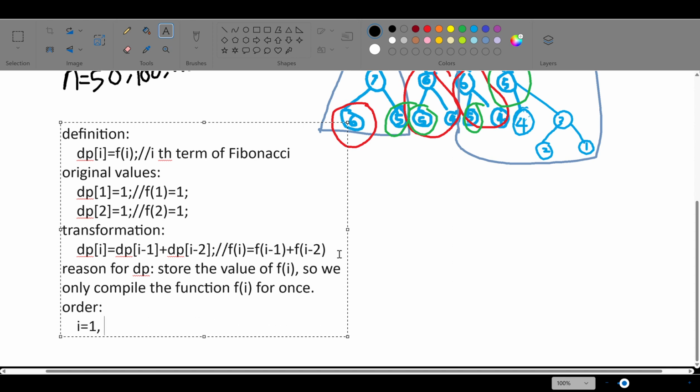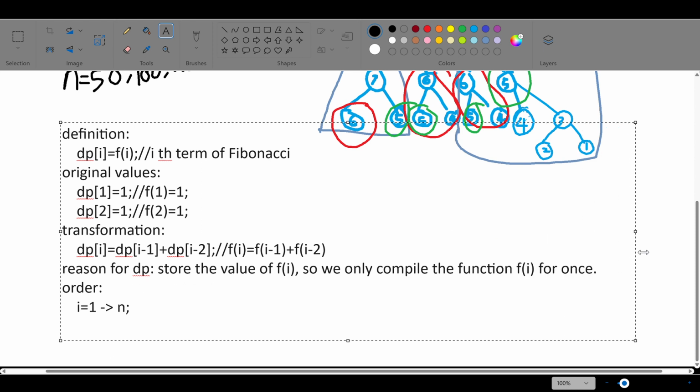For example, if I'm trying to figure out dp5, we know that dp5 is dp4 plus dp3. So actually we start from small to big. Our order is we start from i equals 1 to i equals n. So we start from small to big.